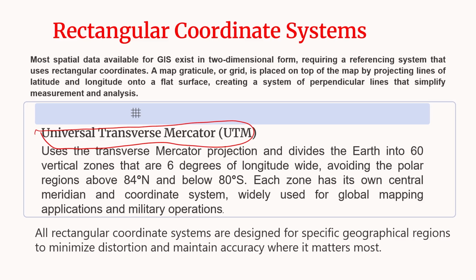This uses the transverse Mercator projection and divides the earth into 60 vertical zones that are 6 degrees of longitude wide, avoiding the polar regions above 84 degrees north and below 80 degrees south. So, we have 60 horizontal and 20 vertical zones. Using these, you will be able to locate your place.